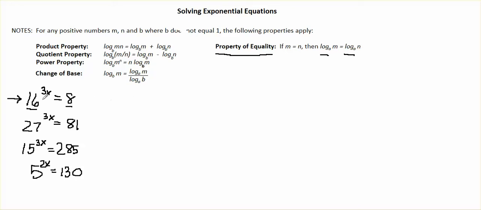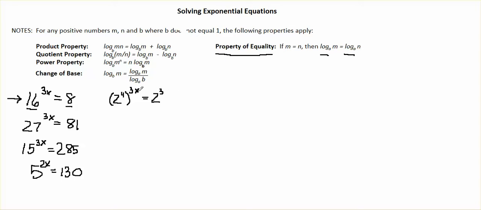They're both powers of 2. So I'm going to represent 16 as a power of 2, and 16 is 2 to the 4th power. And I'm putting it in parentheses because 16 is being raised to the 3x power, and 8 is also a power of 2. 8 is 2 to the 3rd power.